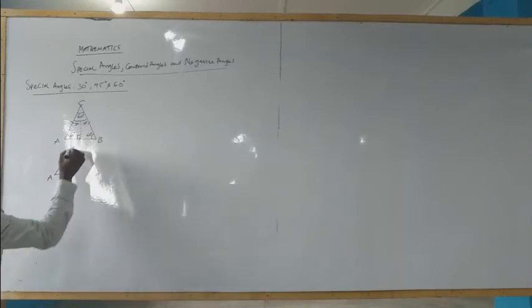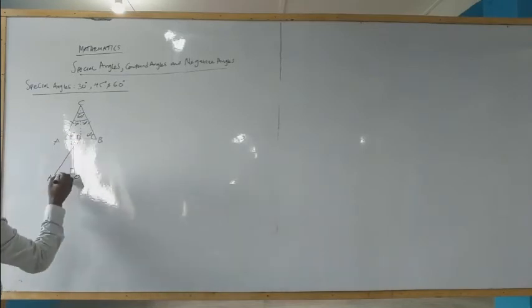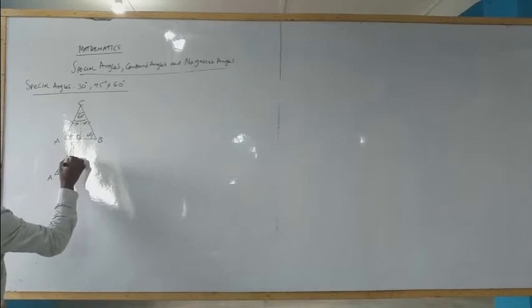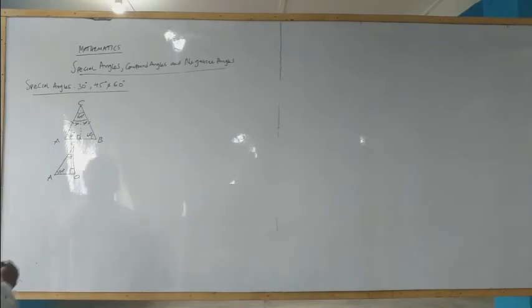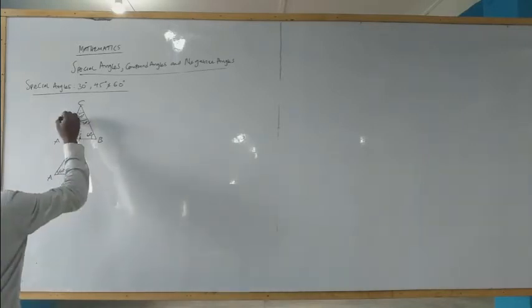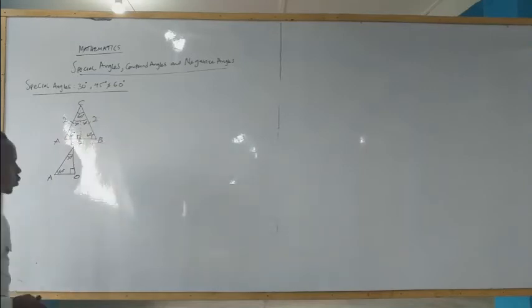Let's call this A, this is still B, this is still C, and this one is O. Then from here, this is 60 degrees, this is 30, and this is 90, a right angle triangle. So we can assume this is 2, this is 2, and this is 2.